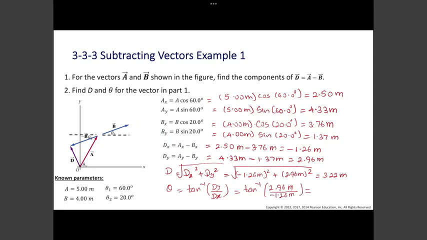By solving, we get a value of 66.9 degrees. Now this angle is not correct, and we know that the vector is in the second quadrant. So we have to add 180 degrees to the answer. So the answer is 113 degrees.